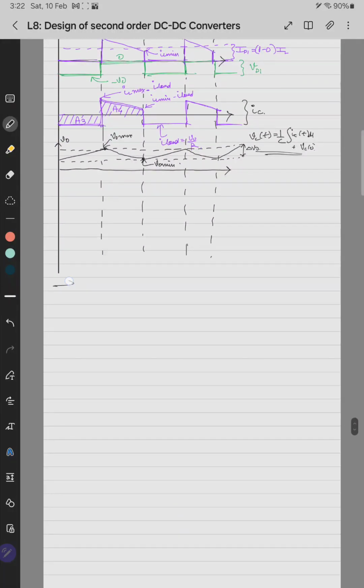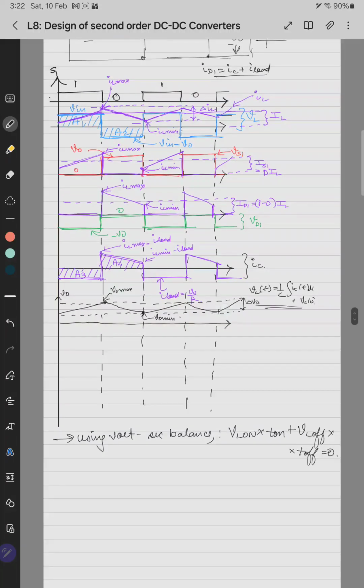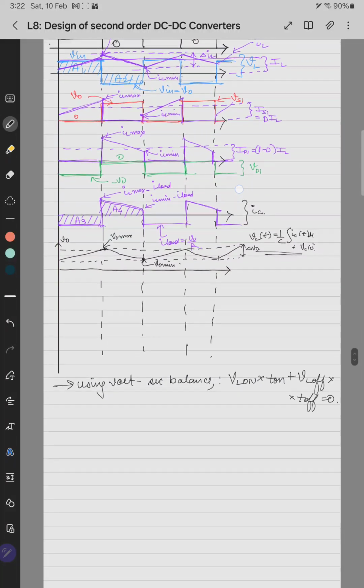Using volt second balance, what do we get? VL on into T on plus VL off into T off equals 0. What is VL on? VL on is V in.